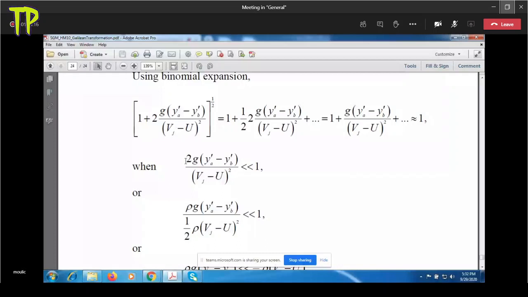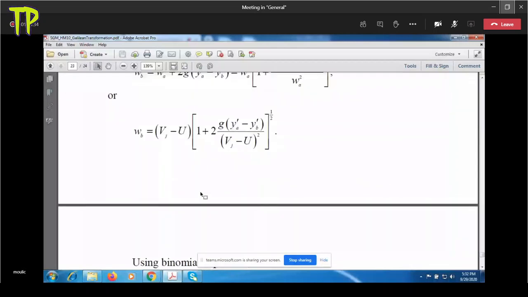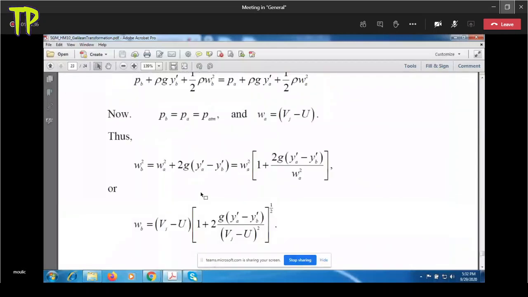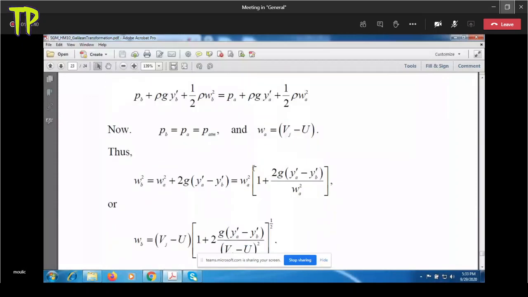I've taken this 2 in the numerator to half, moved it as half in the denominator, and multiplied and divided by rho, so that the numerator is the change in the potential energy of the fluid particle as it moves from A to B. This potential energy will decrease.